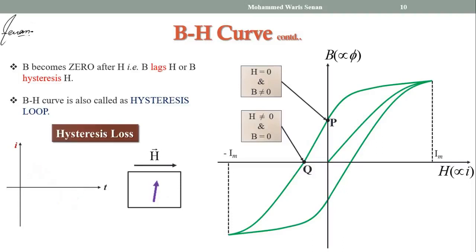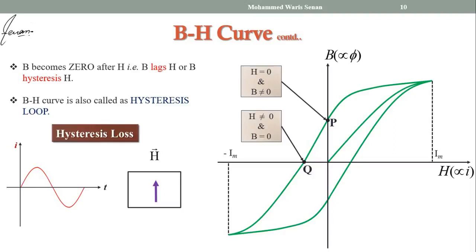This continuous motion of the dipole aligning and de-aligning consumes some energy. It is a continuous process. Due to the alignment and de-alignment, it consumes some energy, and this energy consumed by the dipole moments is wasted.